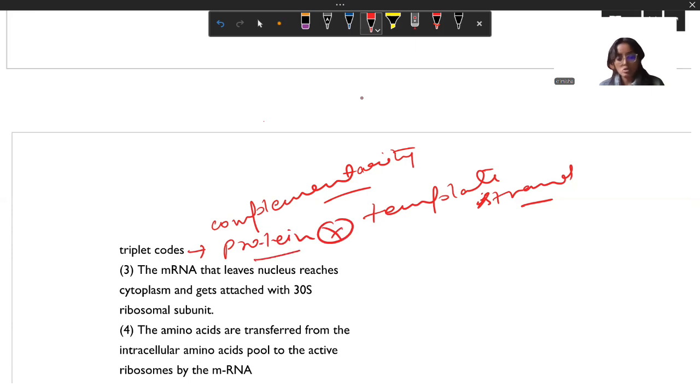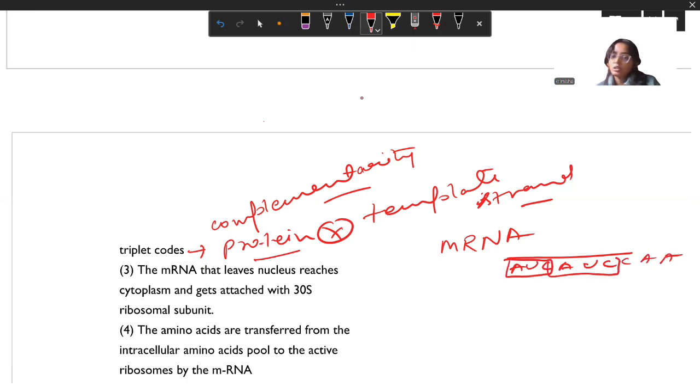So translation occurs based on triplet codes. Let's suppose this is mRNA, which has codes like AUC, CAA. Based on each triplet code, the amino acid will be decided and added on. So this occurs during translation, not during transcription. Transcription is synthesis of mRNA from DNA, and translation is synthesis of protein from mRNA.